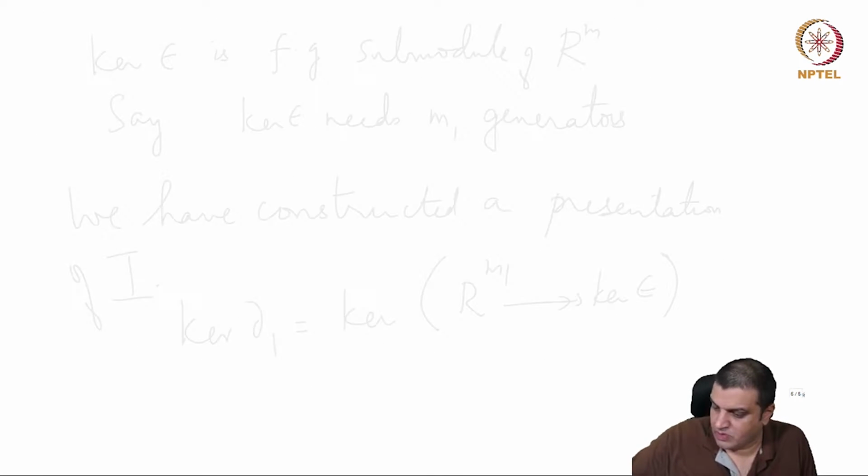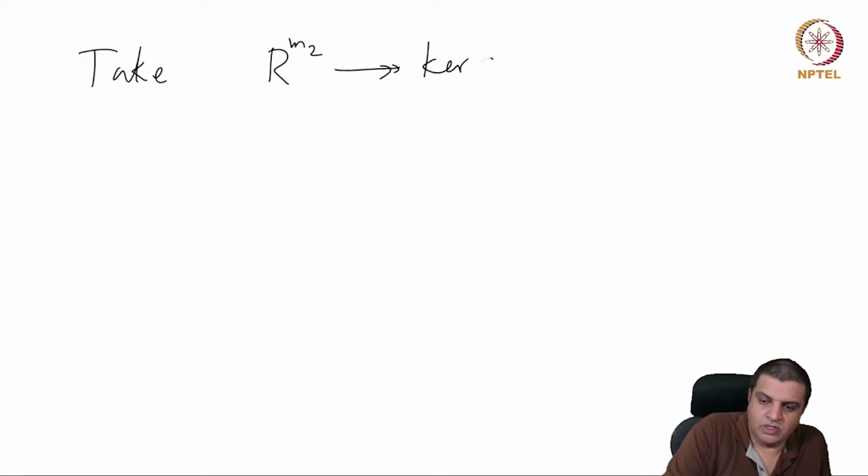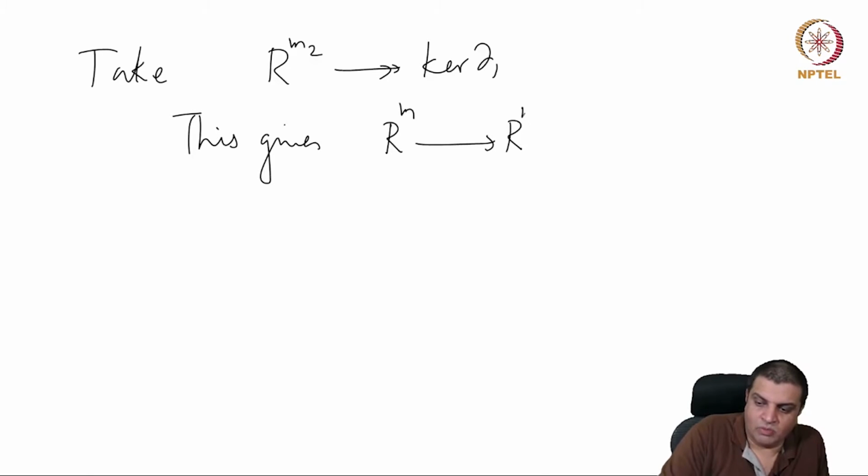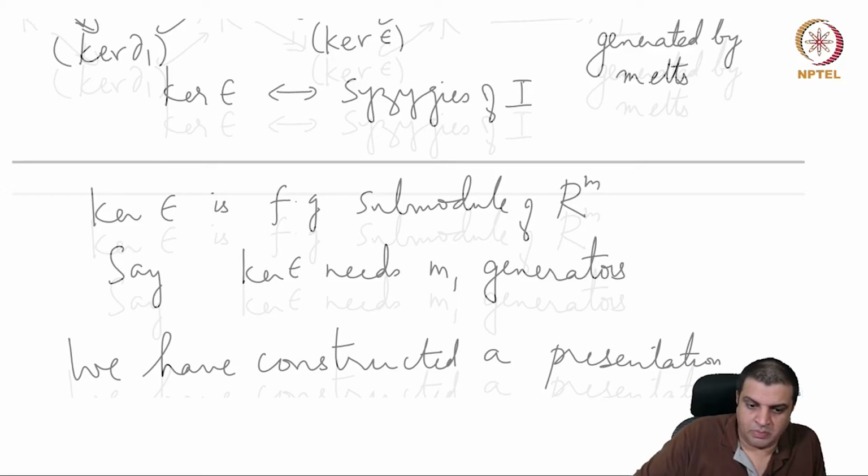So take Rm2 surjecting onto the kernel of partial 1. This gives Rm2 to Rm1, which we called partial 2.